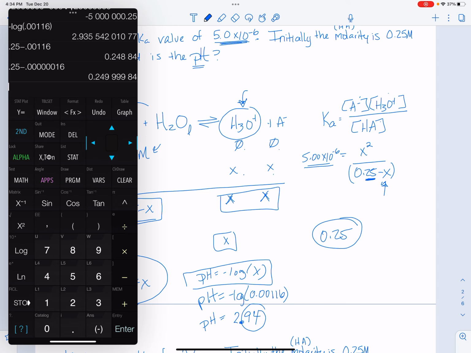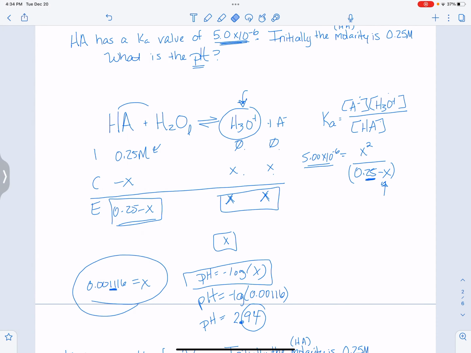So what we say is that we assume, and this is because it's a weak acid, and it usually works if this isn't much smaller than like a 0.1 or 0.2 or 0.5, and if this exponent is like more than -4, you have to check it usually if it's around -4. But if you look at this 6 and then you see that it's a great big difference in your initial amount, your assumption's almost always going to work, but we do check it at the end to make sure that it works.